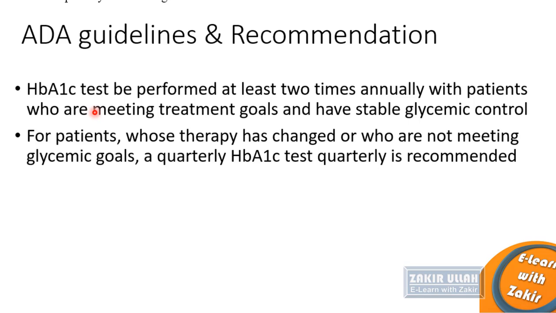For patients whose therapy has changed or who are not meeting glycemic control, a quarterly HbA1c test is recommended, because checking their average plasma glucose and glycated hemoglobin level is important. We have to find out whether the patient is reacting to the treatment or not.